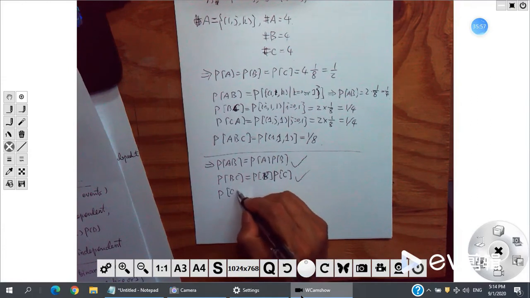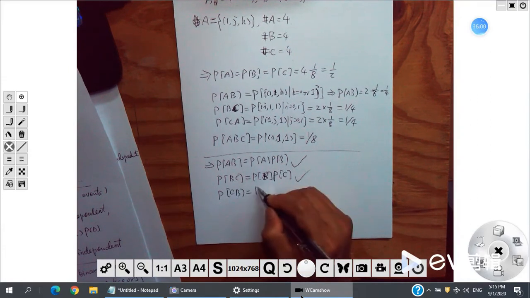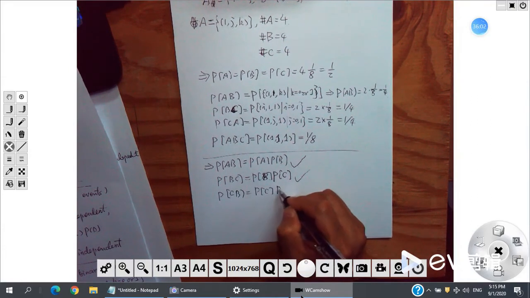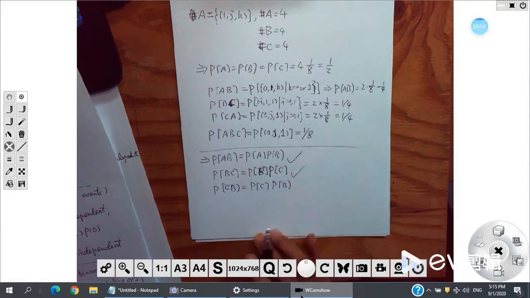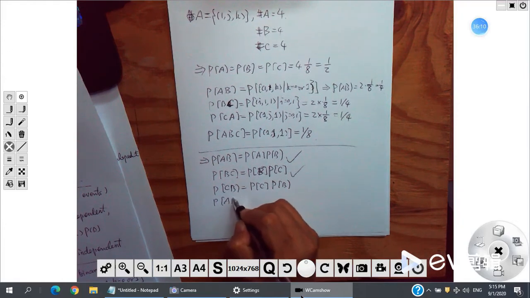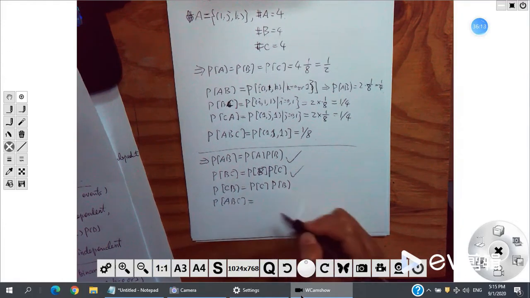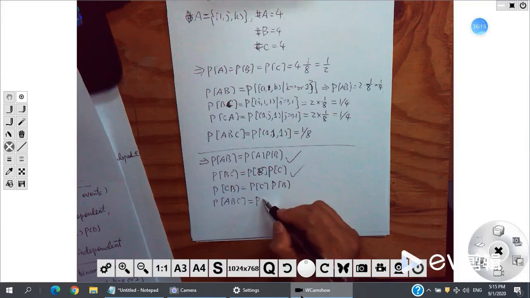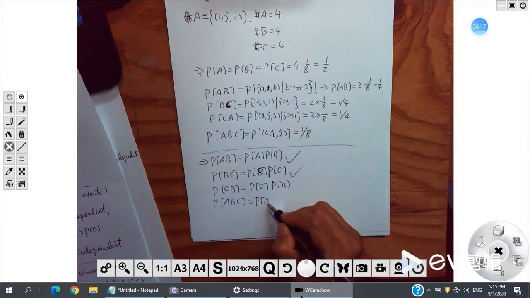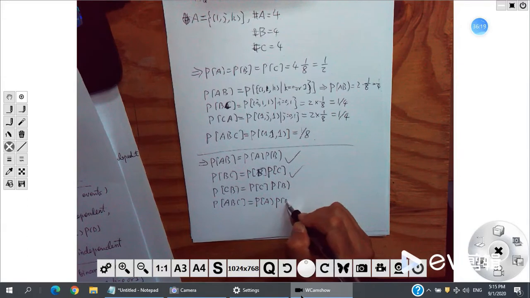And CA, this is PC times PA. It's still half times half equal to 1/4. And the last one, P(ABC) equal to PA times PB times PC.